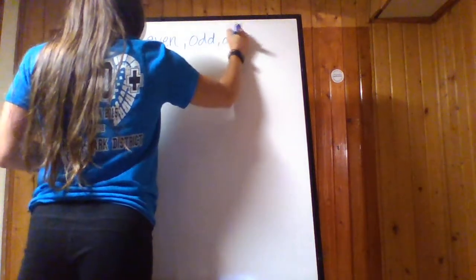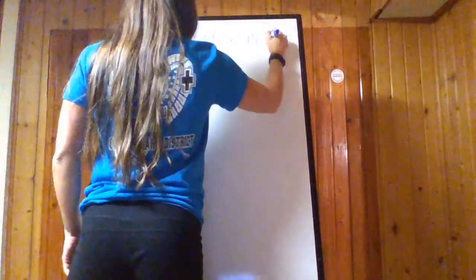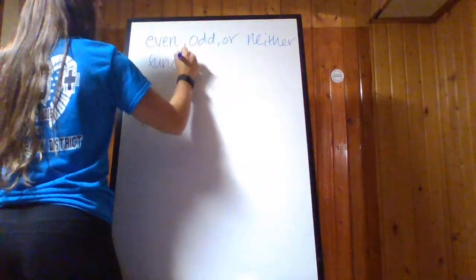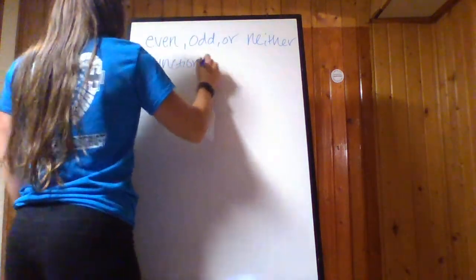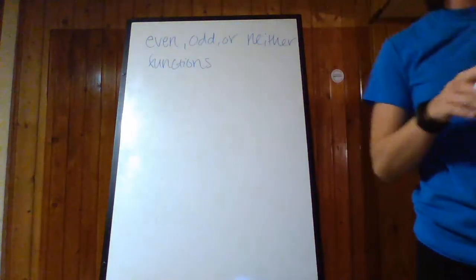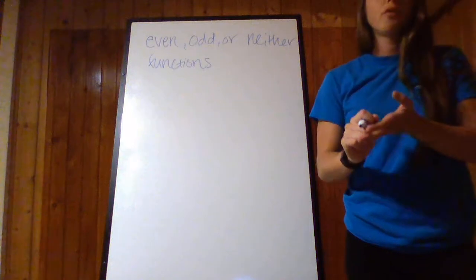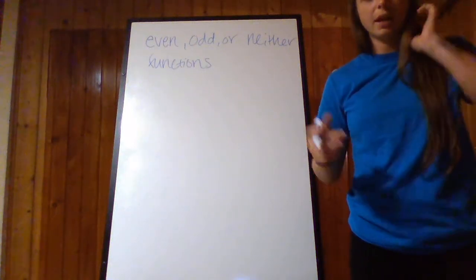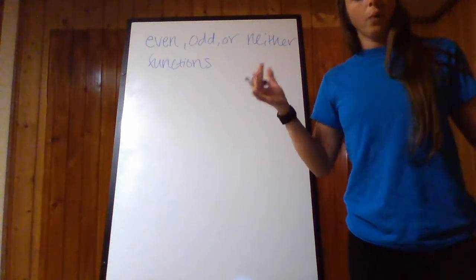The next thing is talking about even, odd, or neither functions. Just like we need to know the terms for when we're increasing, constant, and decreasing, we also need to be able to recognize when functions are even, odd, or neither.